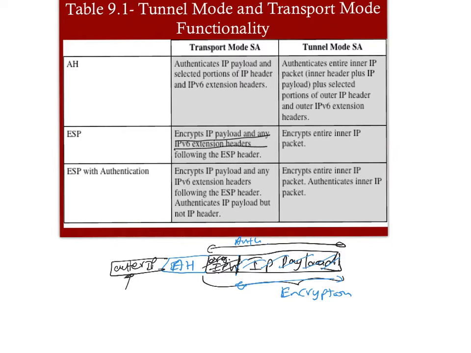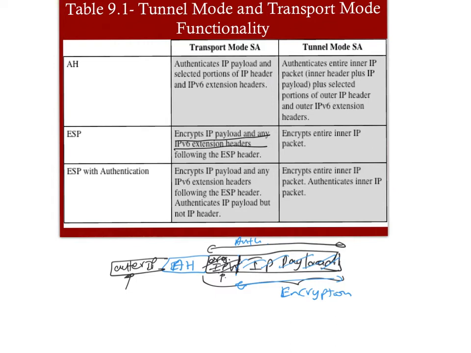Forget about IP version 6 extension. We're not going to talk about IP version 6 for IPsec because it's much more complicated. But if you remember in the IP header there was a field called next header, remember? We studied in Network 1 that next header may in fact point to another IP header, right?